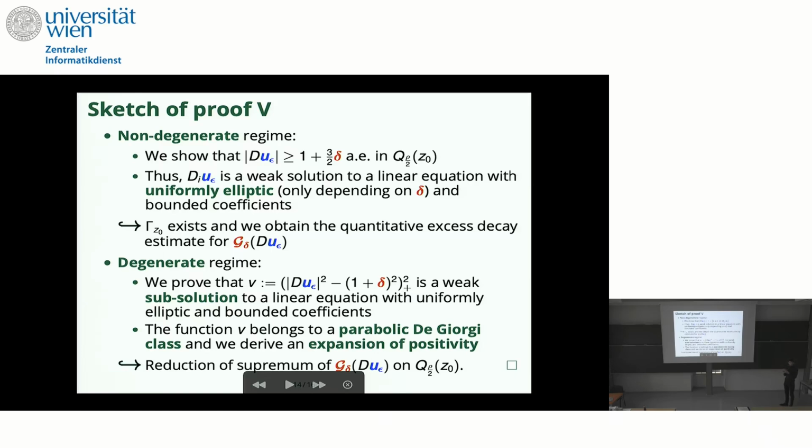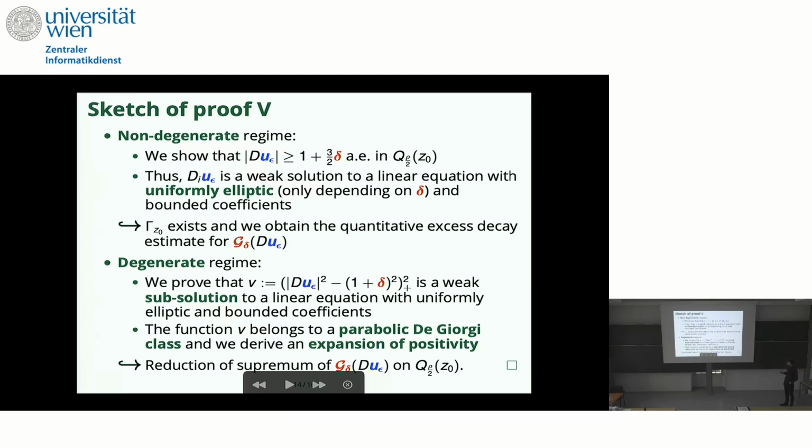However, it may of course happen that in each step of the iteration, the degenerate regime applies, right? Because nobody tells you otherwise. In this case, we cannot get a priori the same nice result as in the non-degenerate regime, but we still luckily can get the right estimate in the end.